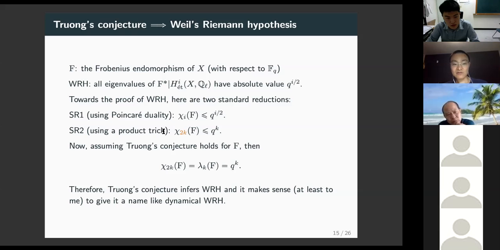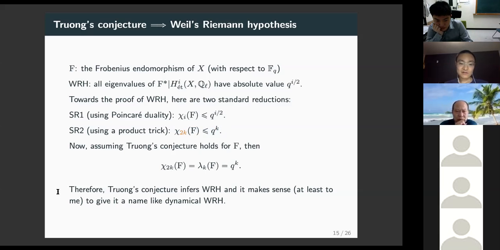We consider X cross X, and for a base map on X cross X it's easy to show. If we assume Truong's conjecture holds true for the base, then chi_2k(F) is equal to q^k. Then we have this inequality, and we get this statement.